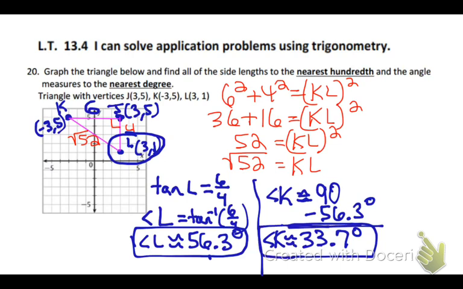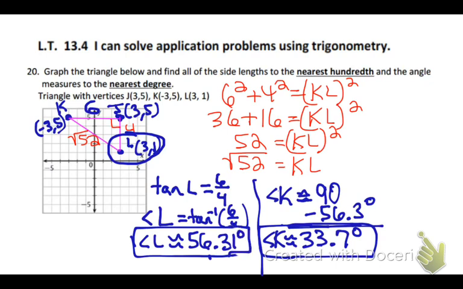All right. And I think that might cover it all. Let's see if there's anything else. Oh, darn, it says the nearest hundredth. All right, let me try that again. So hold on, inverse tangent of 6 divided by 4, 56.31 degrees. All right, let me fix that.